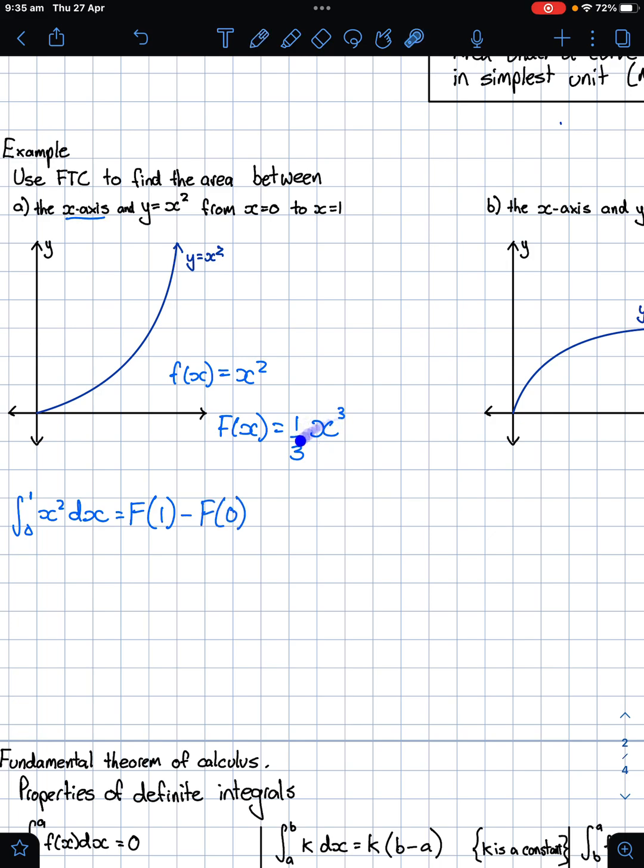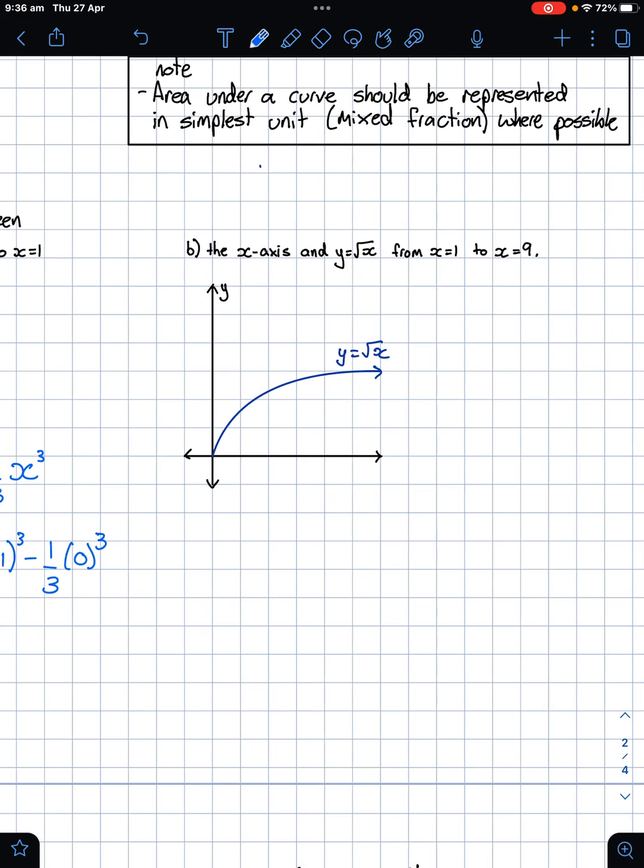So we're going to have 1/3 of 1 cubed minus 1/3 of 0 cubed, which means the area is just going to equal 1/3 units squared. That would be our shaded area, the area from 0 to 1 here.